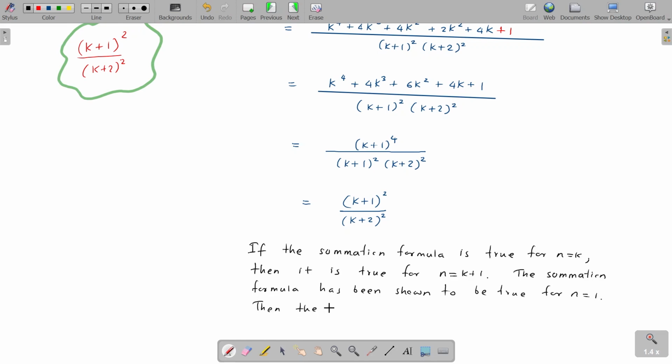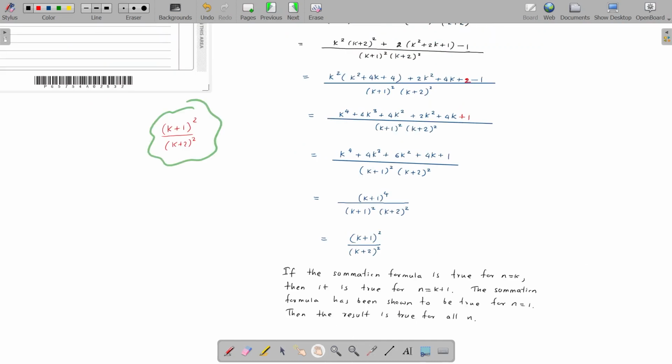The result is true for all n values. Then the result is true for all n. Okay, so make sure you give the conclusion properly, because if the conclusion is not solidly given, you will not get the final mark. Make sure the final part is given clearly.